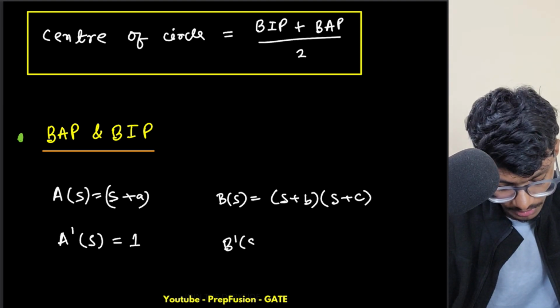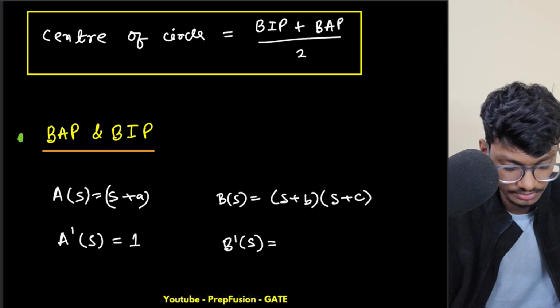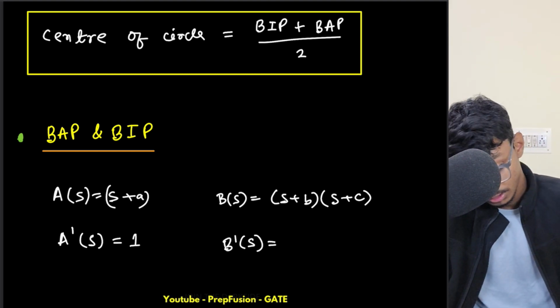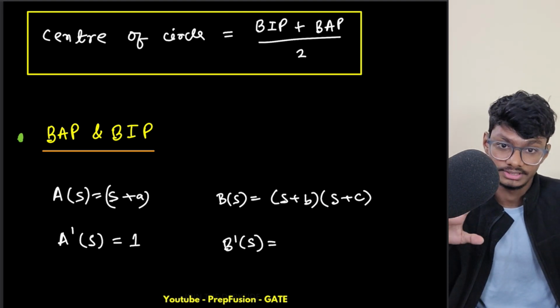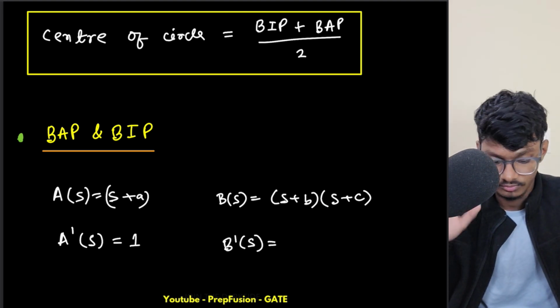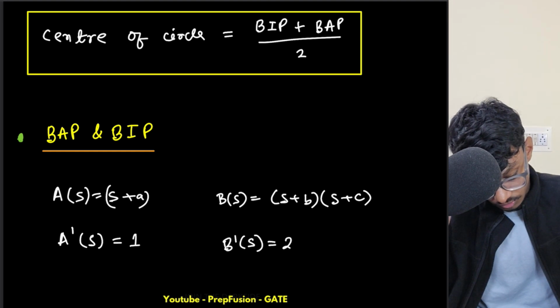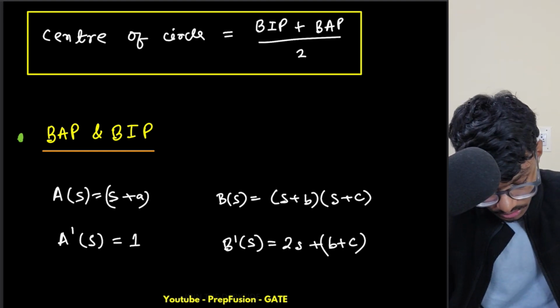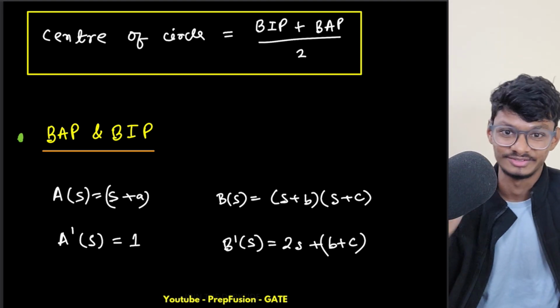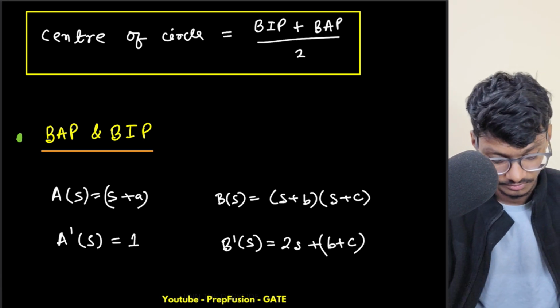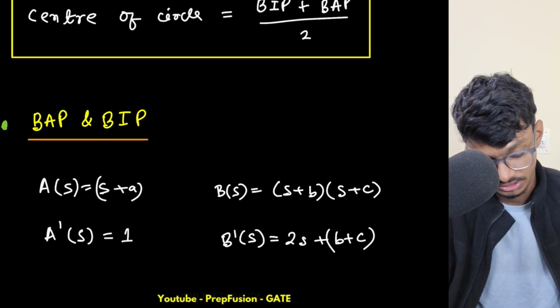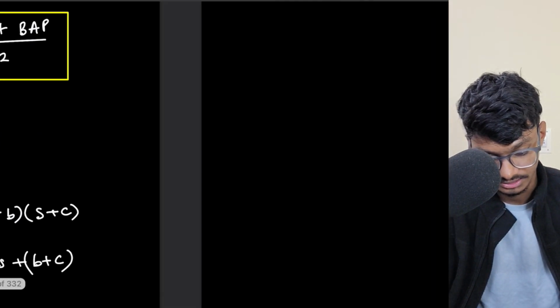Now what is B'(s)? You will get s squared plus (b + c)s plus bc, so that one will go away, and B'(s) will be 2s plus b plus c. Sorry if my voice goes away sometimes, I have to make this noise work. So this is what A' and B' are.